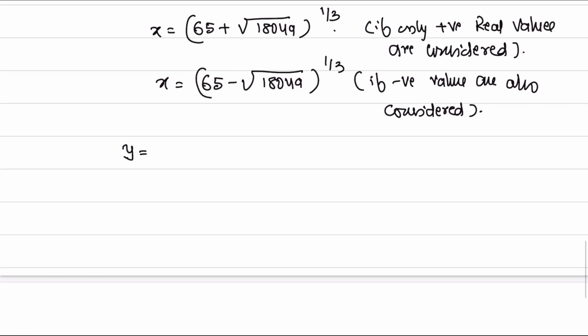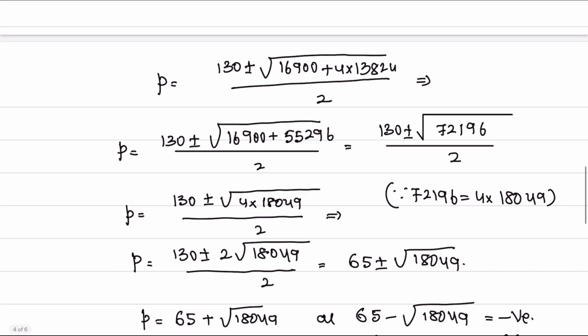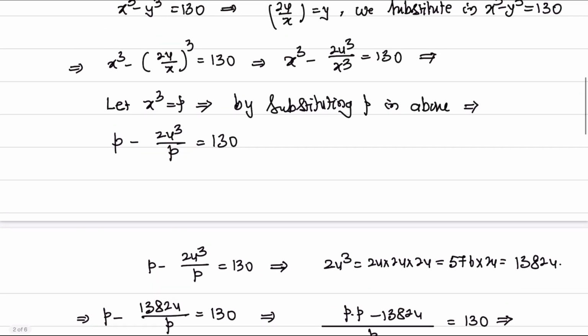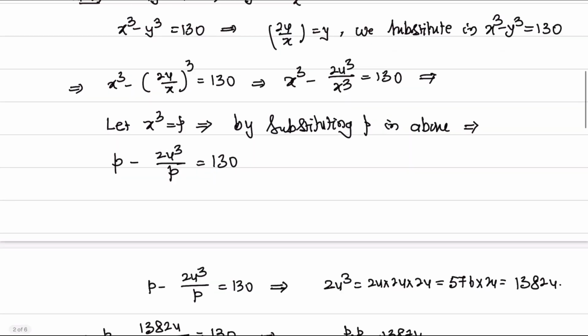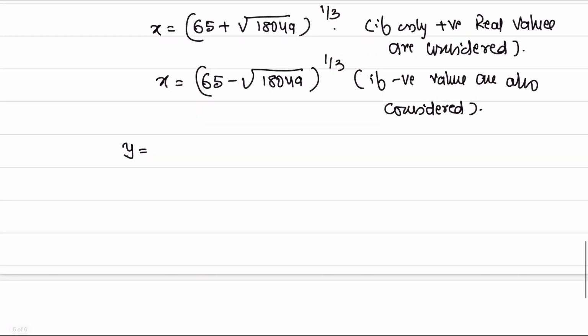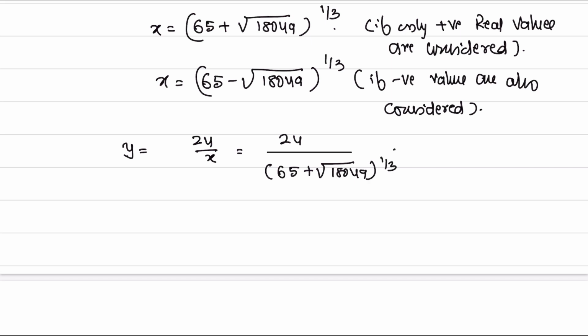Y is equal to, what we have considered previously? Y is equal to 24 by x. That is equal to 24 by 65 plus square root of 18049 to the power of 1 by 3, when considering only real positive values.